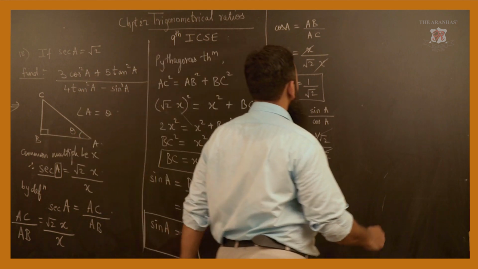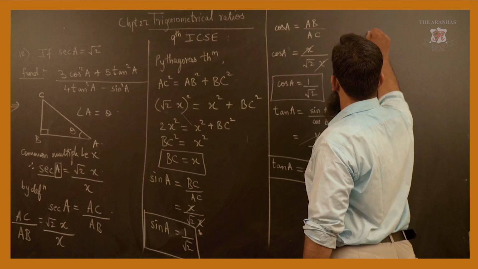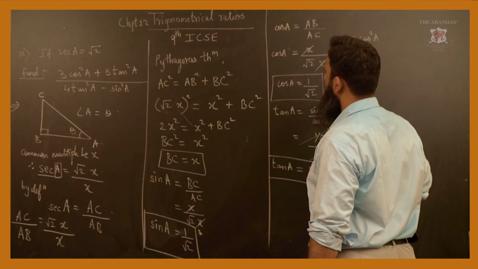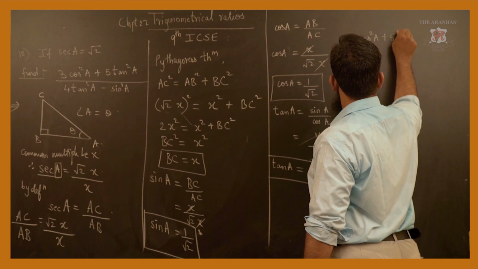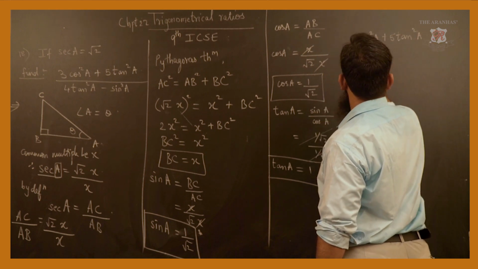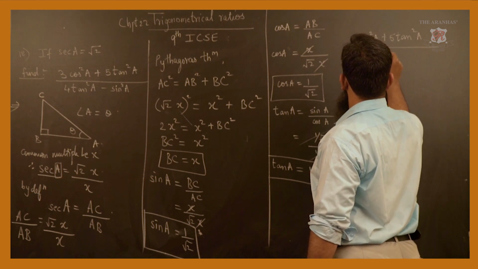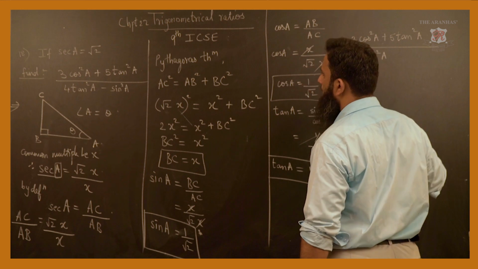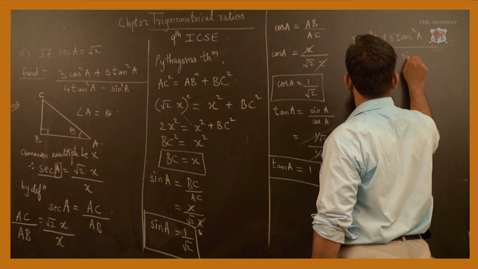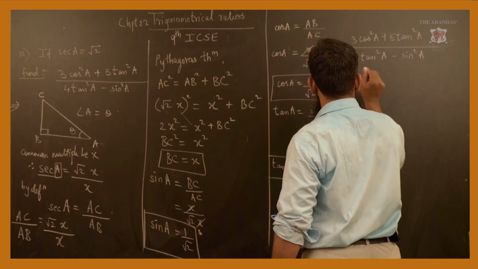Let us write the quotient and substitute the terms one by one. So 3 cos square A plus 5 tan square A upon 4 tan square A minus sin square A. Let us put the values.